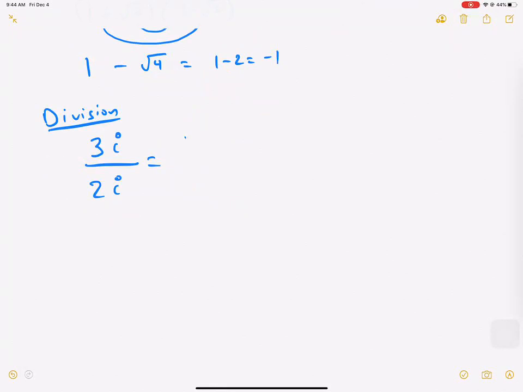The i's cancel out, we're left with 3 over 2. So i's are treated like x. We can move them around, shuffle them around. If I say 6i squared divided by 2i, these could divide out, and we're left with 3i.